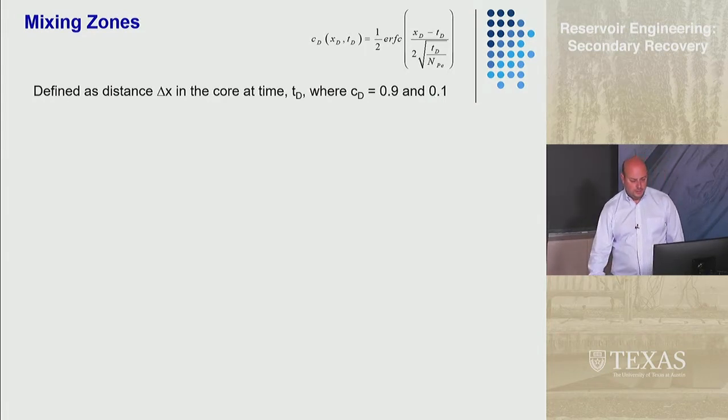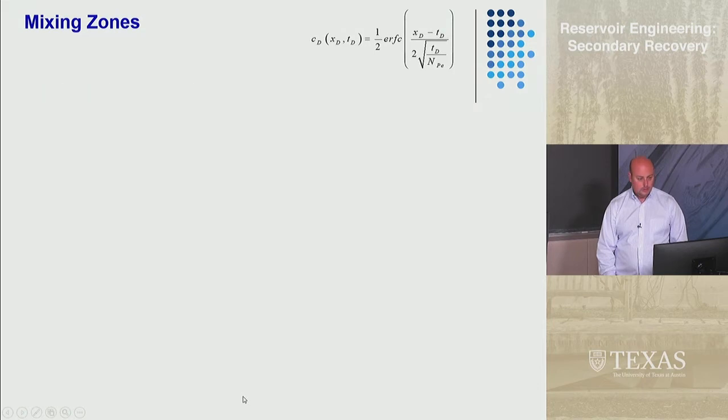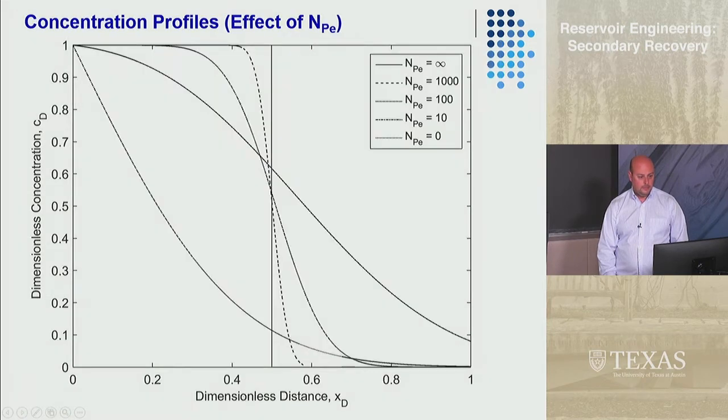Maybe I'll go back a few slides. I'll go back to this one. If you look at this one, C_D is equal to 0.9. Let's look at this curve right here. It occurs at x_D of about 0.4, and then C_D is equal to 0.1 occurs at about 0.65 or something, right?